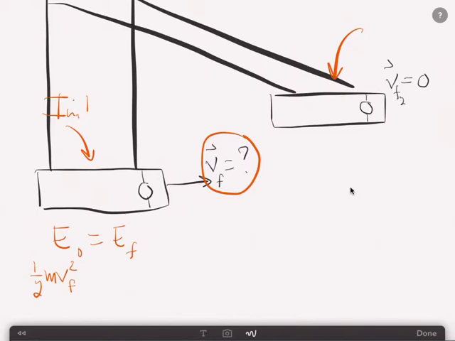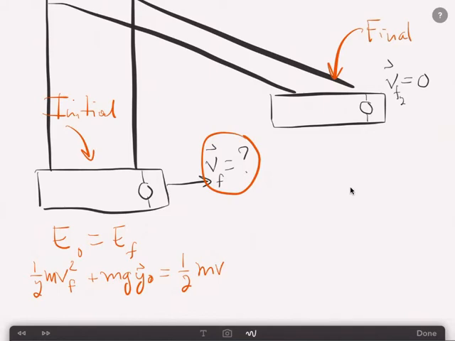Initial, final. Okay? So this is going to be plus mg y initial equals 1/2 mass times the second final velocity squared. Oh, not the initial velocity. I'm looking at what I just did.